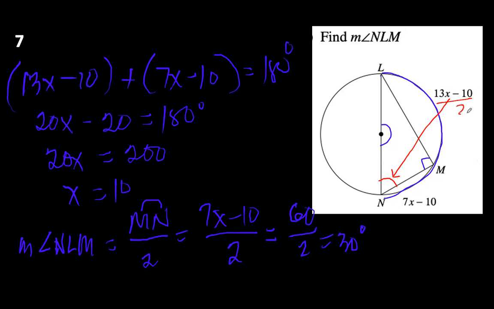And also this angle is half of this. Since this is a right triangle, we knew that the sum of the two acute angles in a right triangle is equal to 90. So once we add these two, it's equivalent to 90 degrees, correct? So let's do that here. That's 7x minus 10 over 2 plus 13x minus 10 all over 2 is equal to 90.